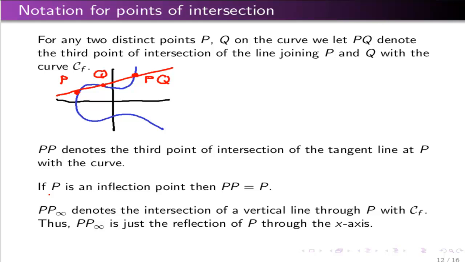And if P is an inflection point, so the tangent line hits the curve 3 times at that one point, PP would equal P. We'll let P infinity denote the intersection of a vertical line through P with the curve. So here I've got a vertical line passing through P, and then P infinity would be this point right here. So in other words, P infinity is just the reflection of P through the x-axis because of the symmetric nature of our canonical curve.